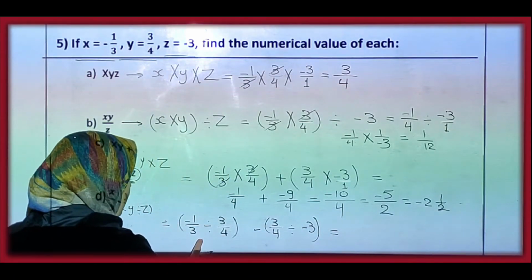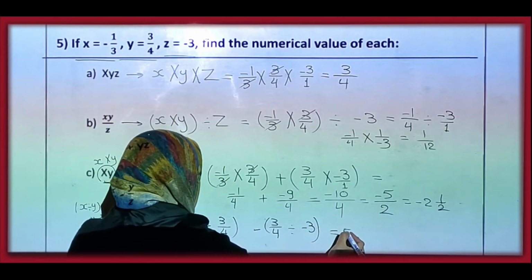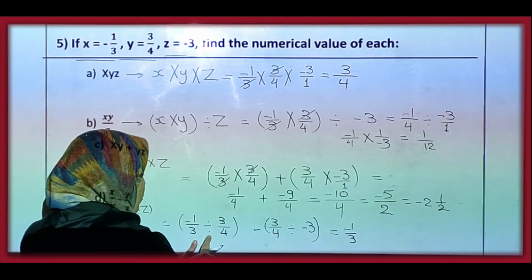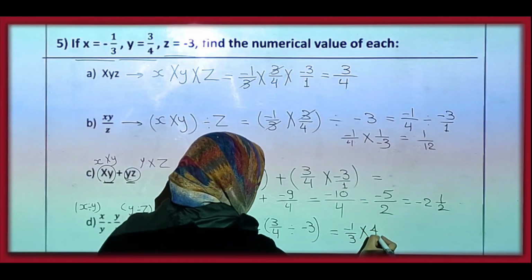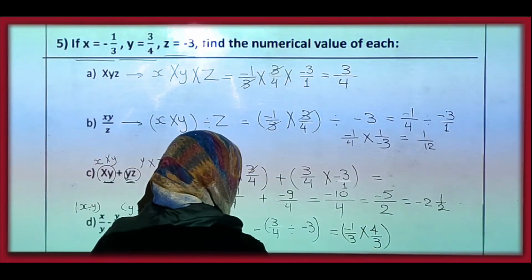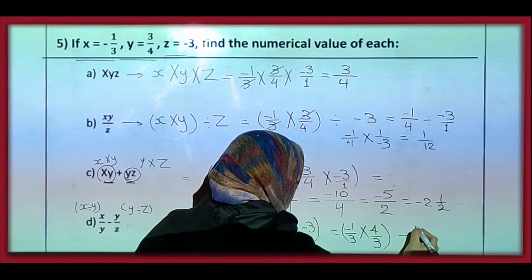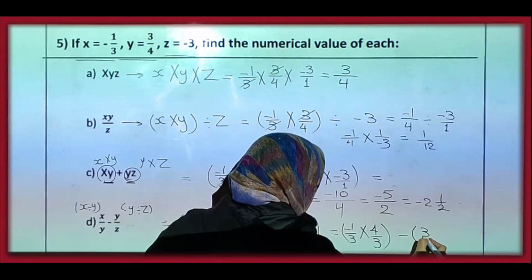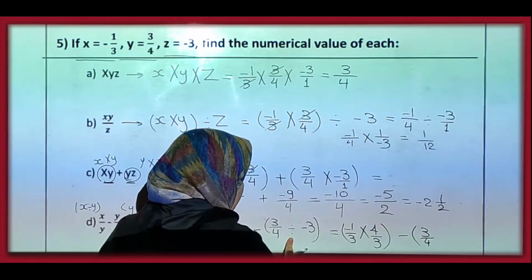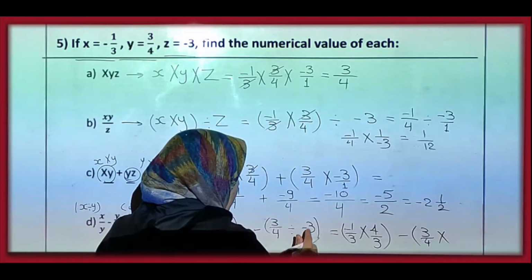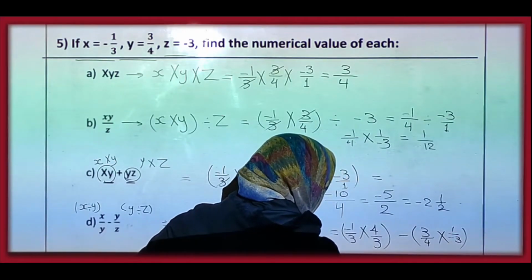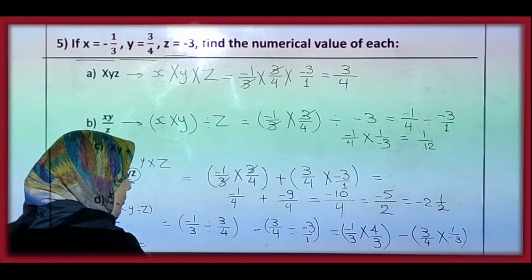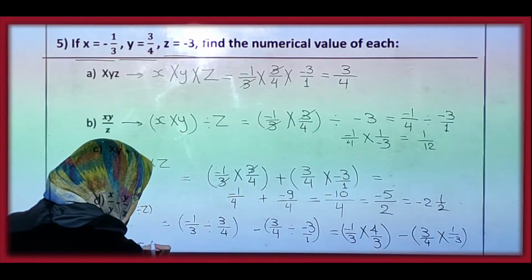Answer this bracket: negative 1 over 3, converted into multiply, 3 over 4 converted into 4 over 3, minus 3 over 4 converted division into multiply, negative 3 over 1 converted into 1 over negative 3. This bracket equals negative 4 over 9.